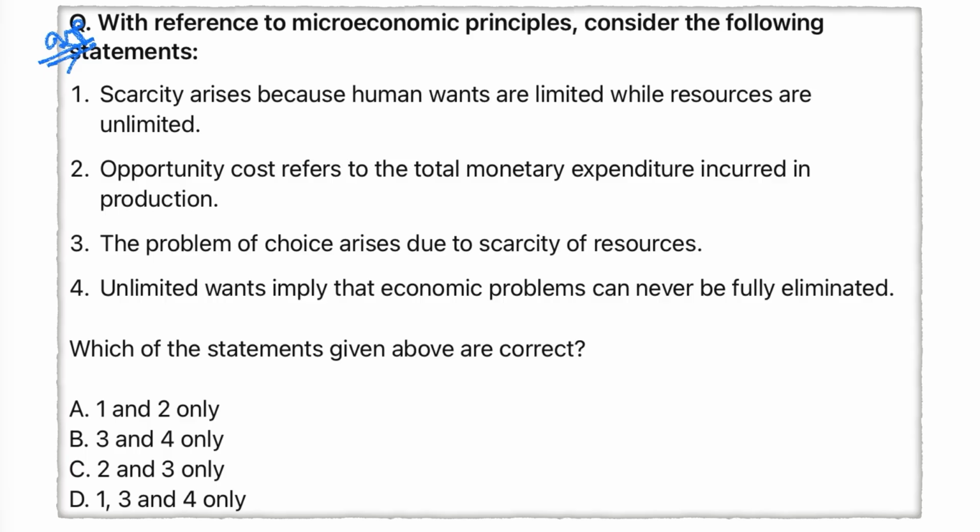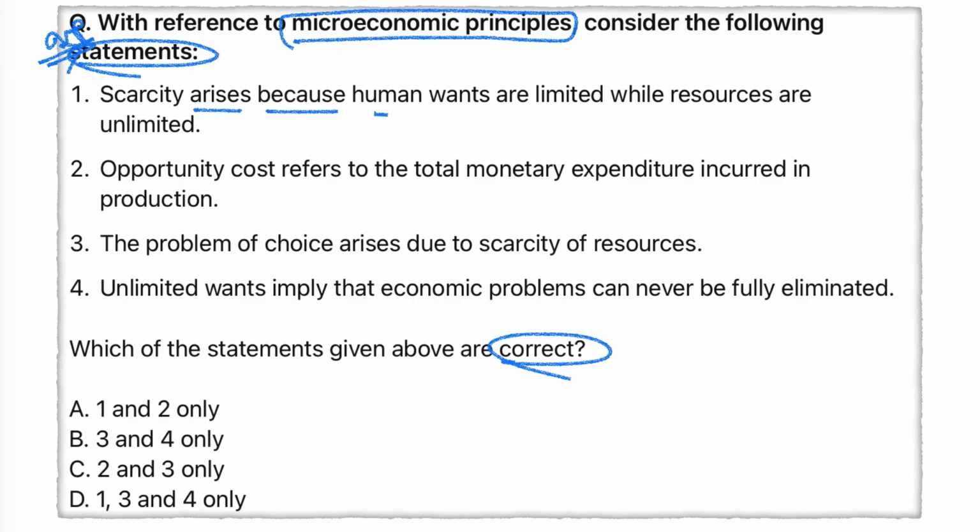Let's discuss one important advanced MCQ related to microeconomic principles. Consider the following statements and give the correct answer. Statement one: scarcity arises because human wants are limited while resources are unlimited. Wrong.